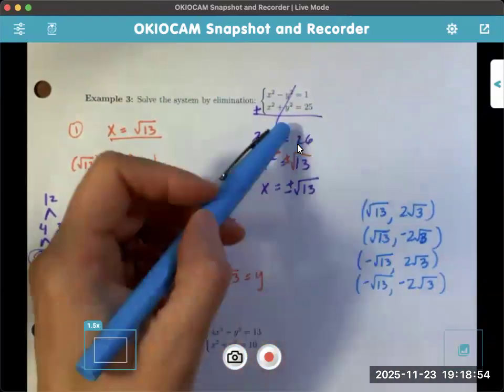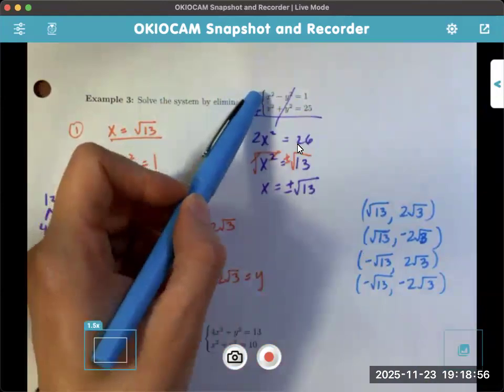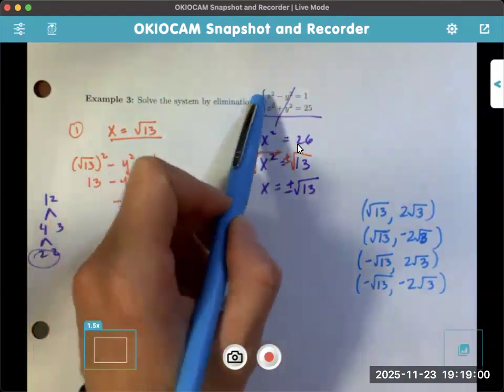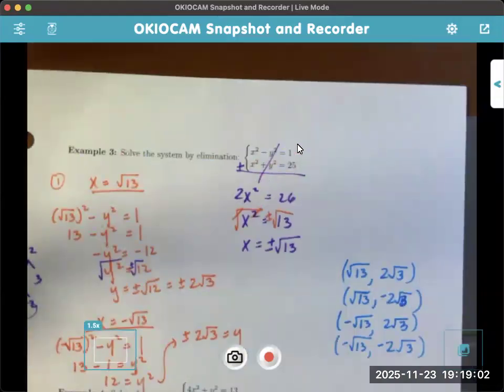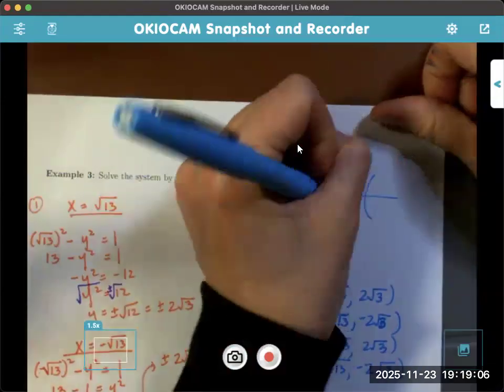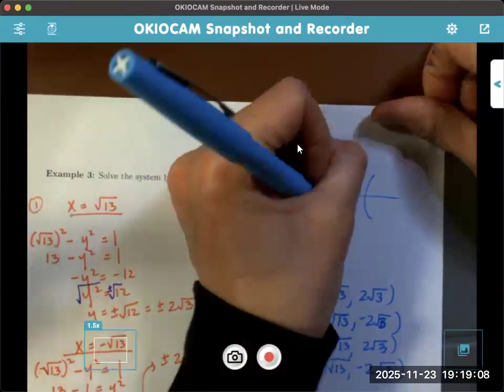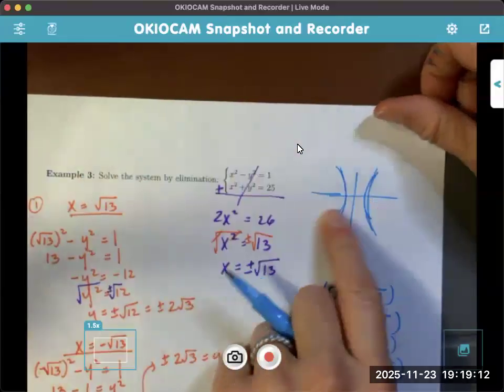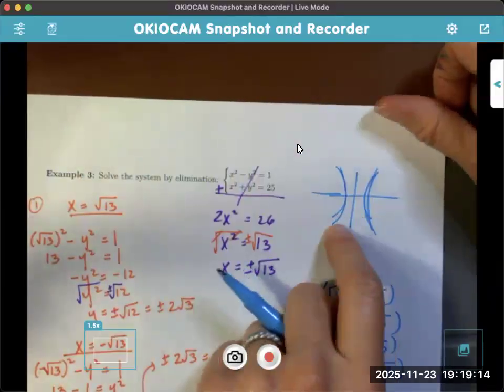Isn't that cool? Because this is a hyperbola, which is basically, let's see, this is minus equaling 1. It looks like this, okay? These are branches that open apart from each other, okay?